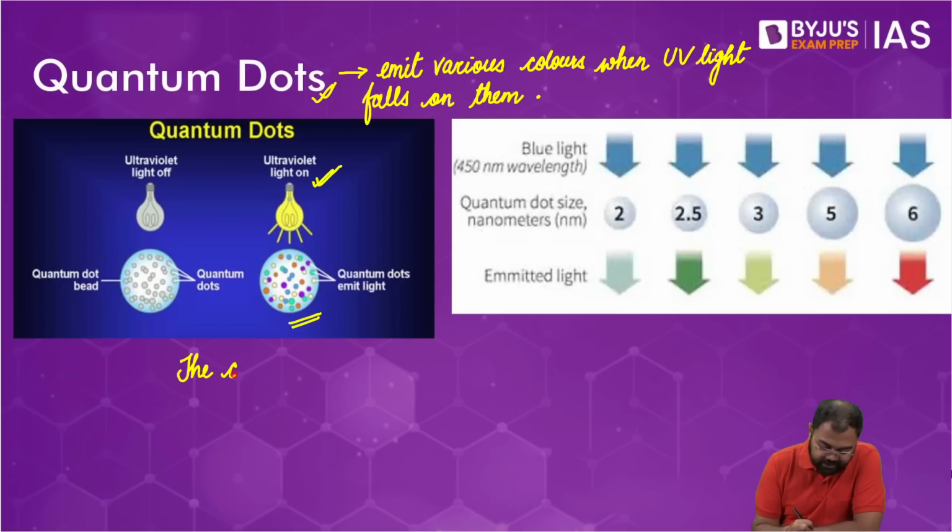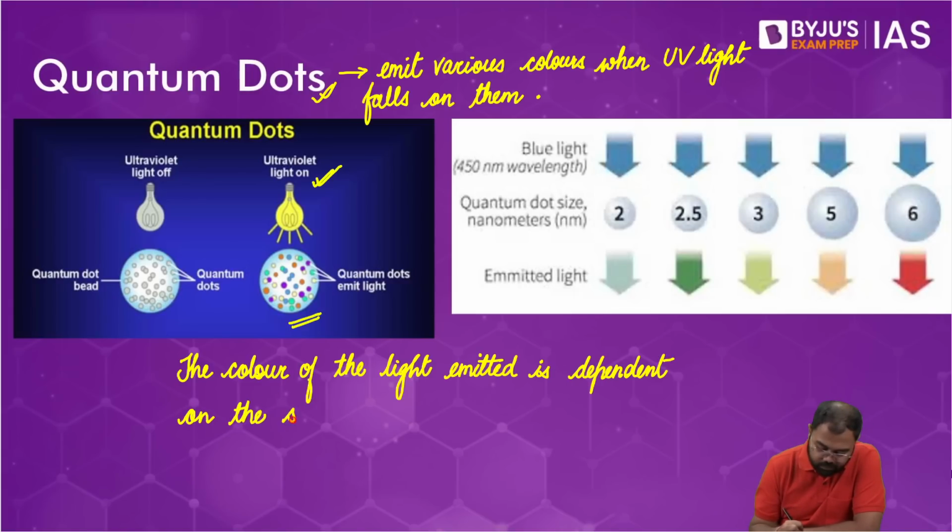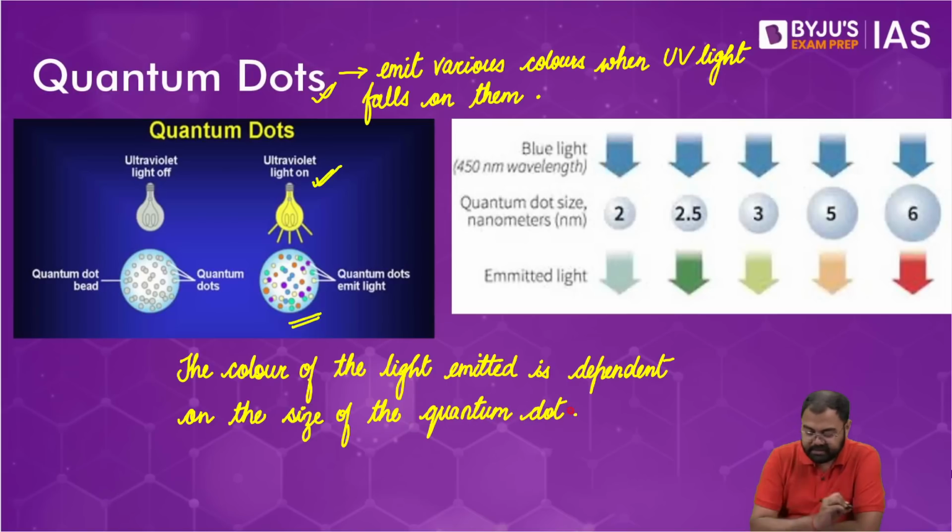The color of the light emitted is dependent on the size of the quantum dot. All right, so the size of the quantum dot will determine what kind of color it will show.